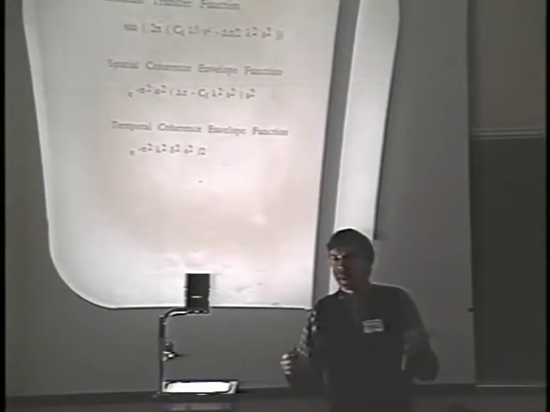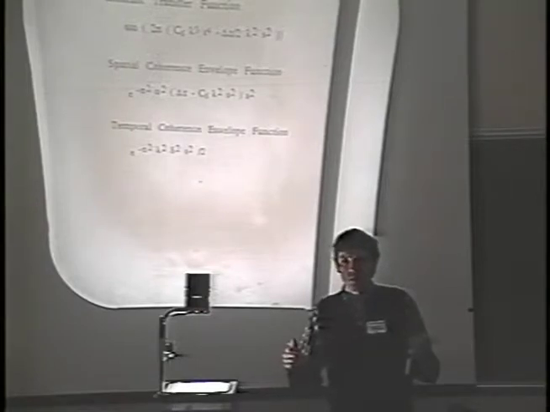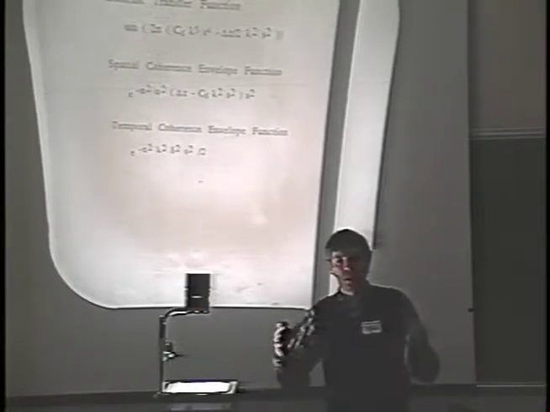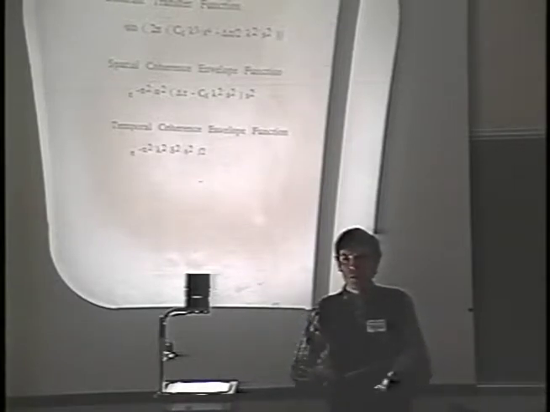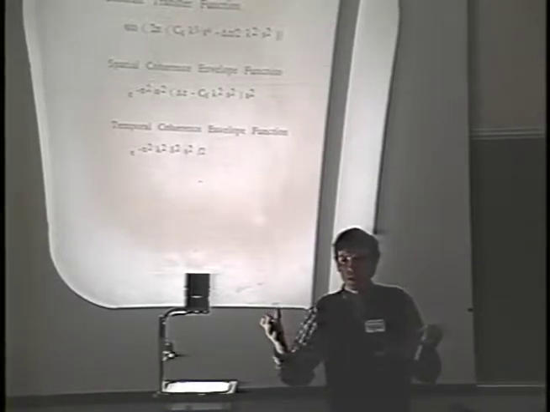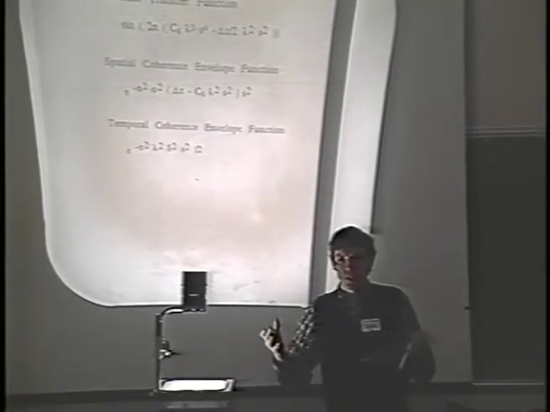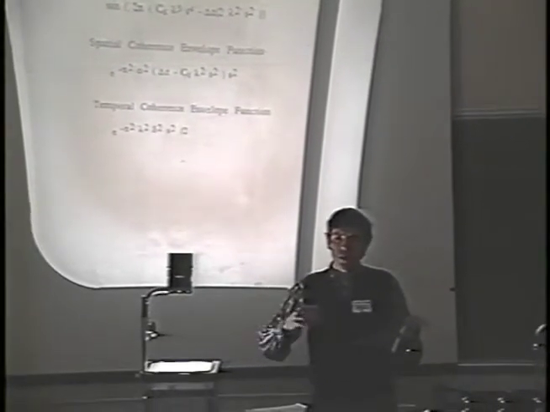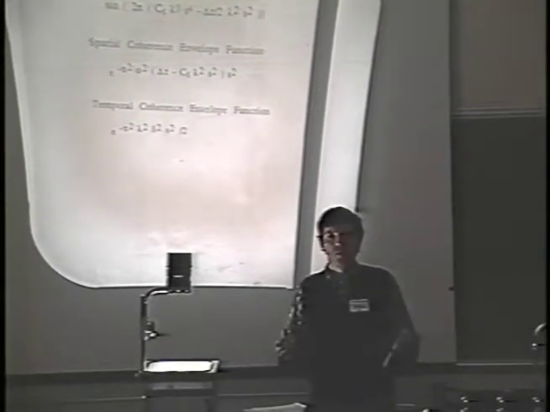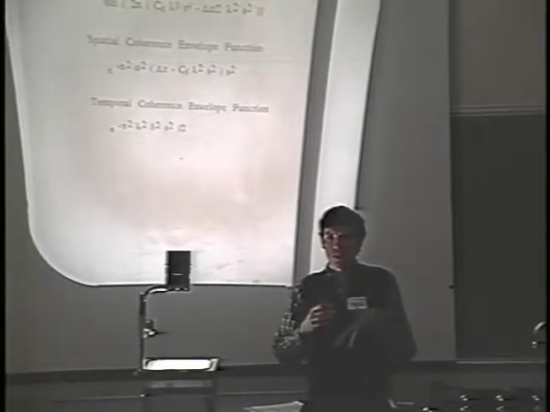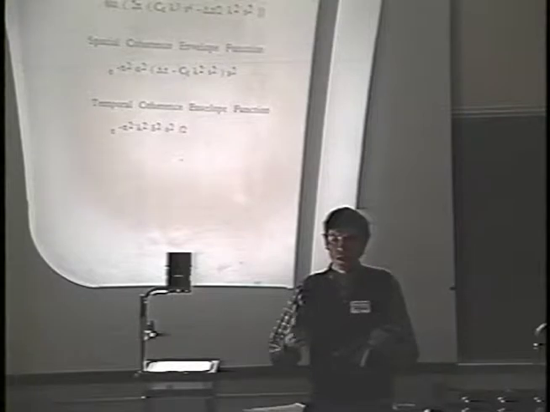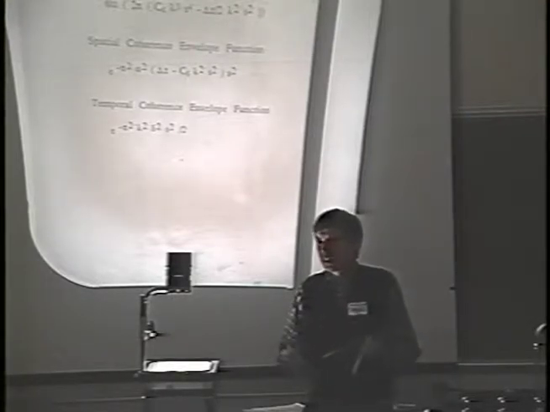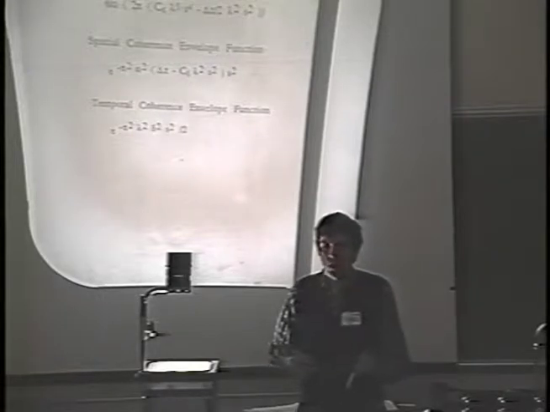Now, I suspect that you all know that as you increase the size of the condenser aperture, of course you get a brighter electron image on the fluorescent screen, but as you go out of focus, the image gets fuzzier faster. If you decrease the condenser aperture size, you can go farther out of focus and still retain a fairly sharp image. And that's precisely the effect of the spatial coherence envelope function.